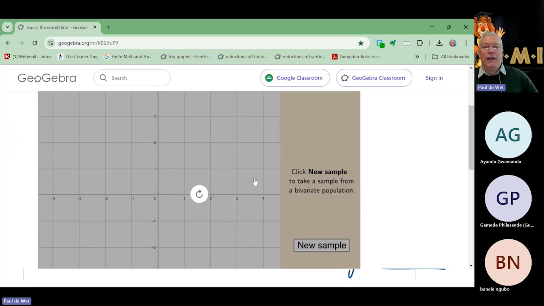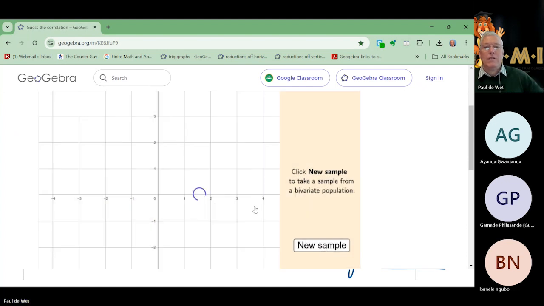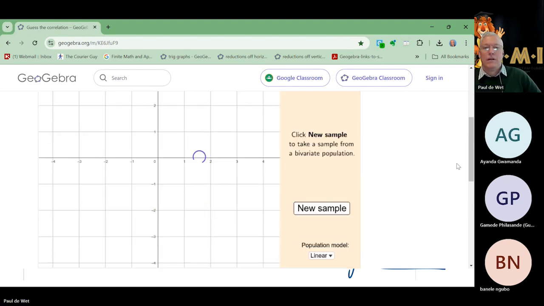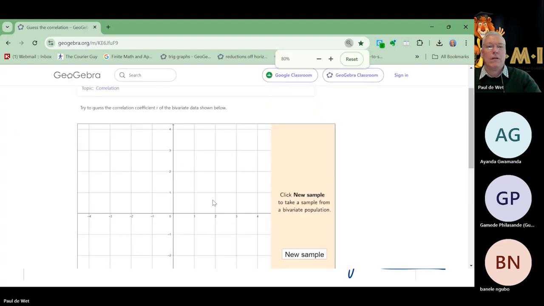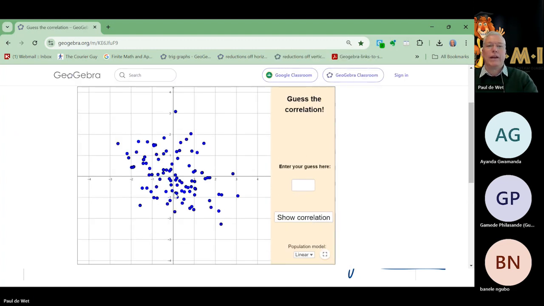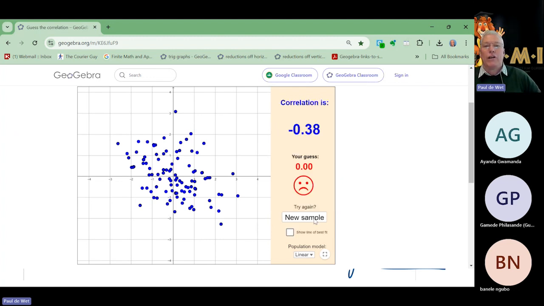So guys, let's have a look here. Anybody, is that a weak correlation, strong correlation? Guys, I think it's weak. I don't think there's much pattern here. I'm actually going to say 0, and I'm going to say show the correlation.